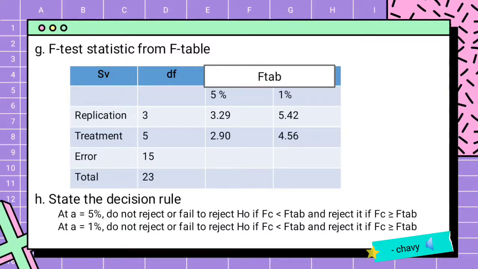For the replication at 5% or 0.05 level of significance with a DF of 3, we have 3.29, and 5.42 at 1% or 0.01 level of significance. For the treatment, we have 2.90 at 5% level of significance with a DF of 5, and 4.56 for 1% level of significance. After that, we will now state the decision rule.